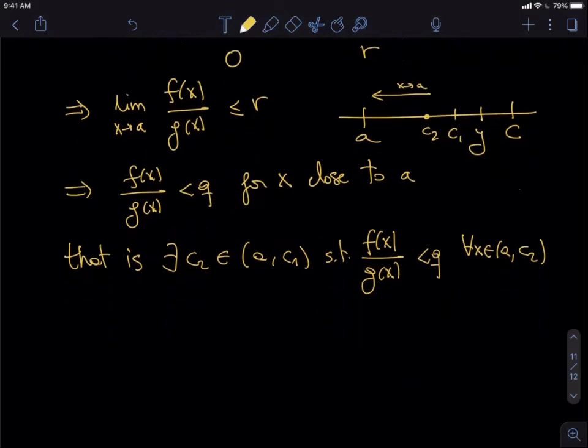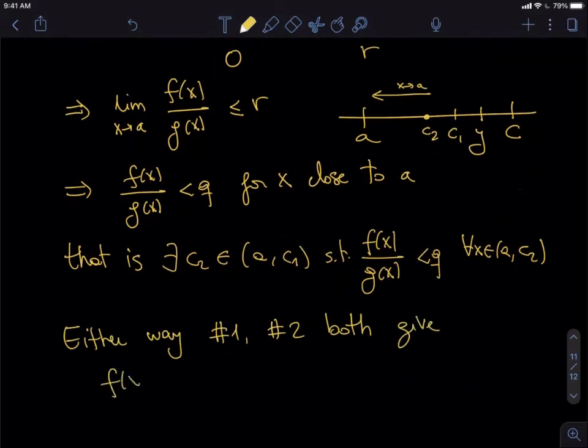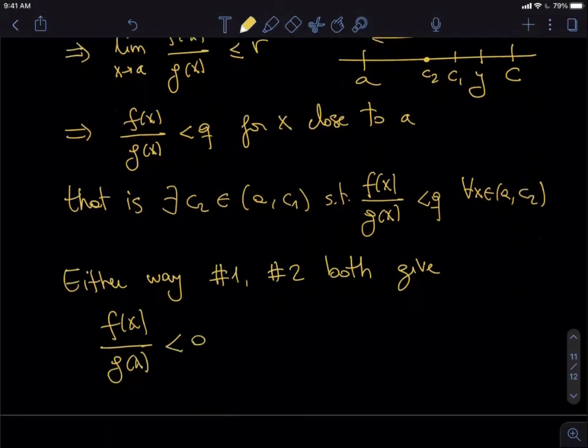Now, notice here we reach the same conclusion. Either way, both tracks give f of x divided by g of x less than Q for all x in A C2.